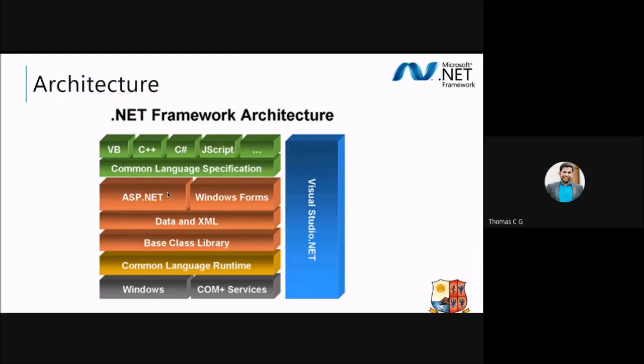Okay. Now, there are some words there. Look at the second word which you see there, common language specification. Now, before I get into that word, specification: imagine that you're buying, let's say, a game or a hardware device, like a mouse or a keyboard. On the box, there will be something called minimum required specification.